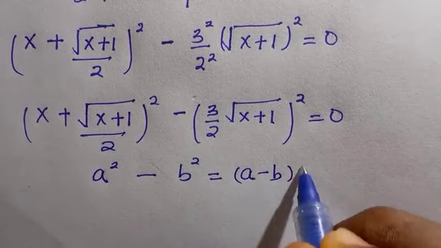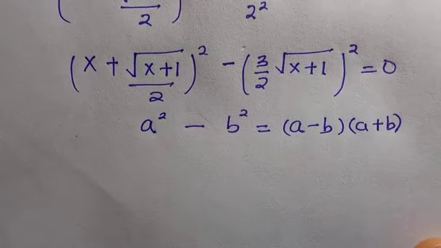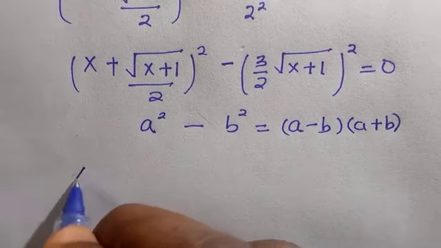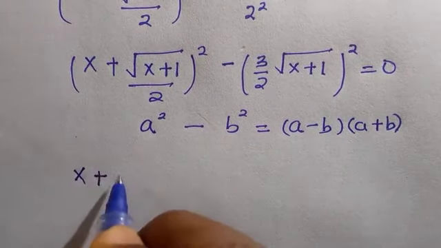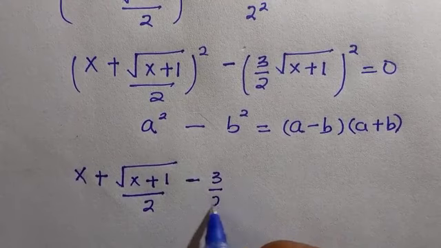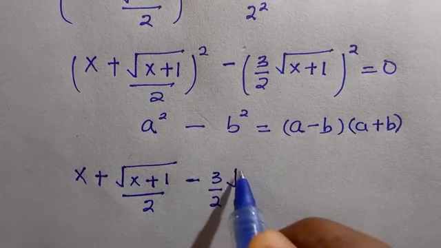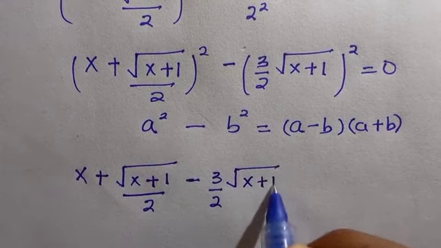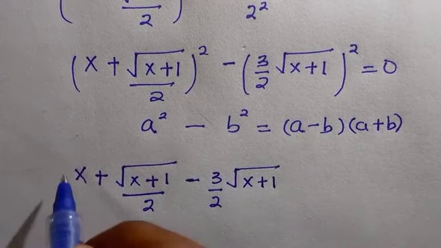By applying this identity in the problem, we have the result as x plus root x plus 1 divided by 2, and taking the subtraction first, minus 3 over 2 root x plus 1, and I bracket this.